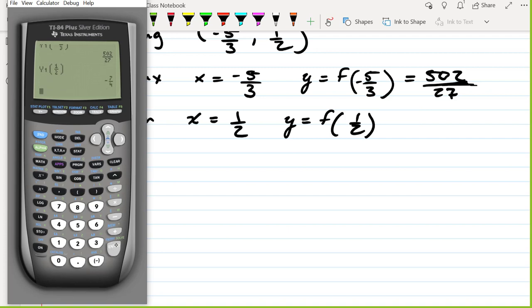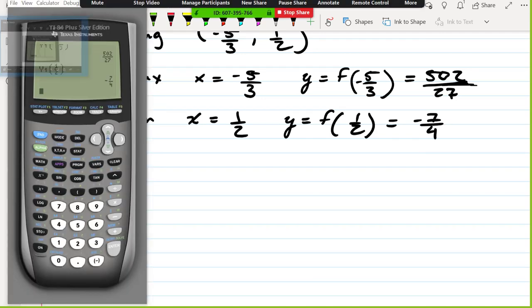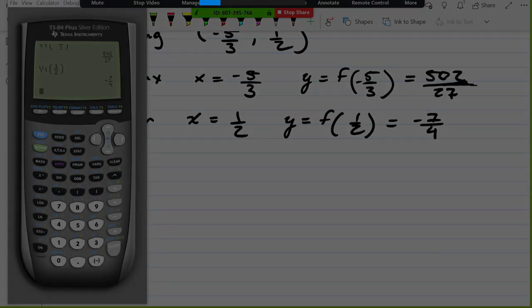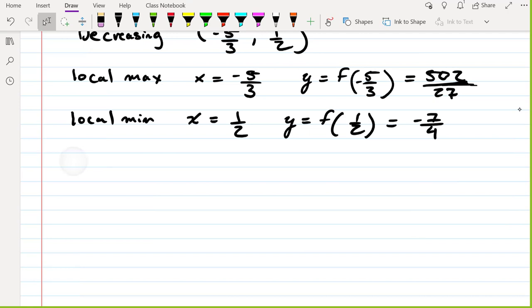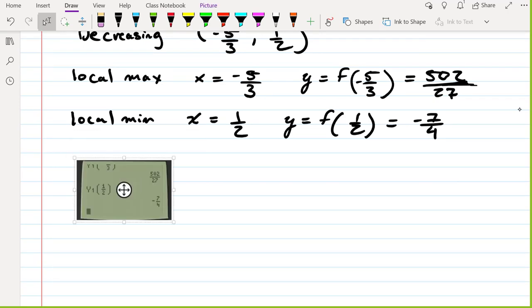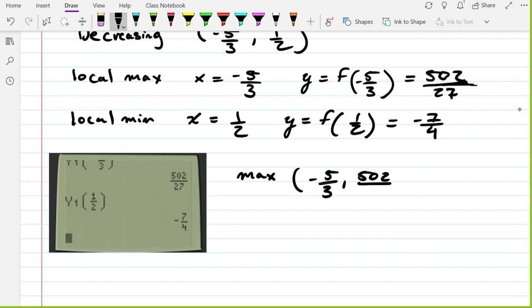And we get negative 7 over 4. So then we have our max at negative 5/3, 502 over 27, and we have our min at 1/2 and negative 7 over 4.